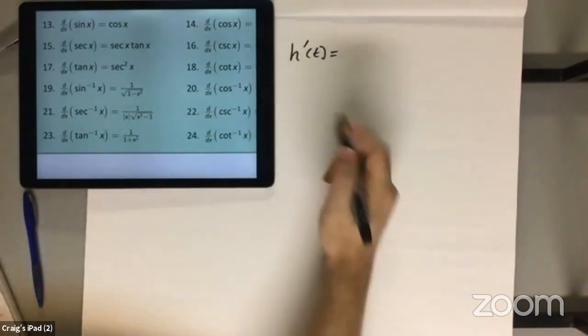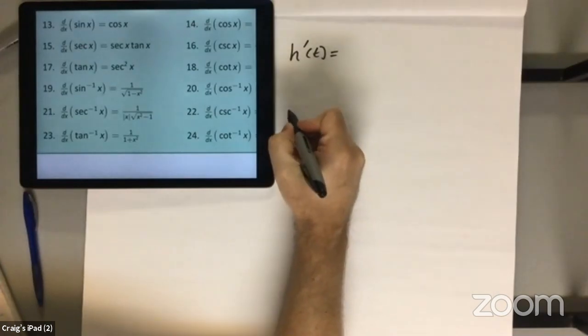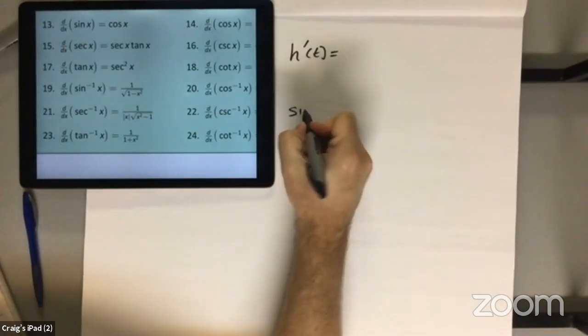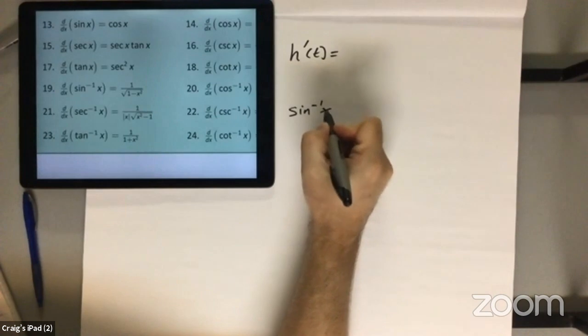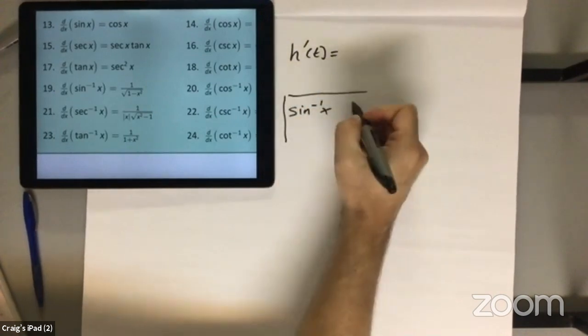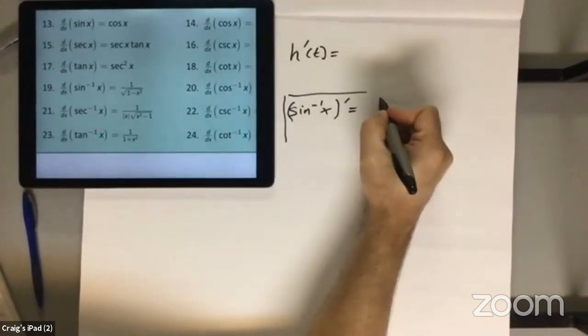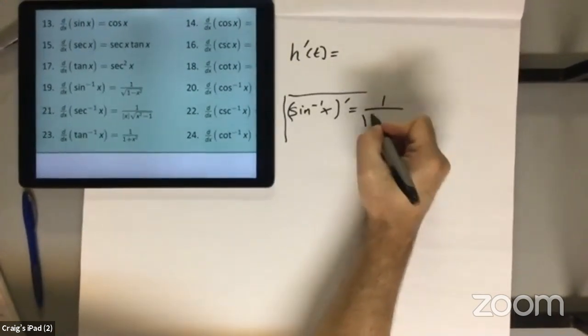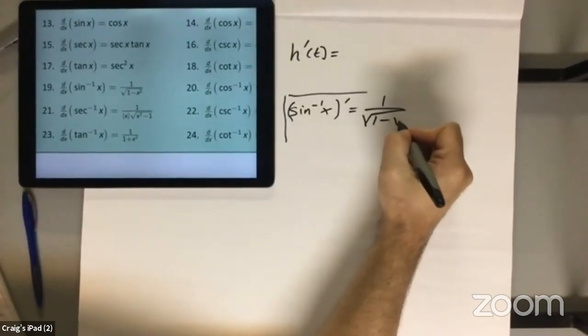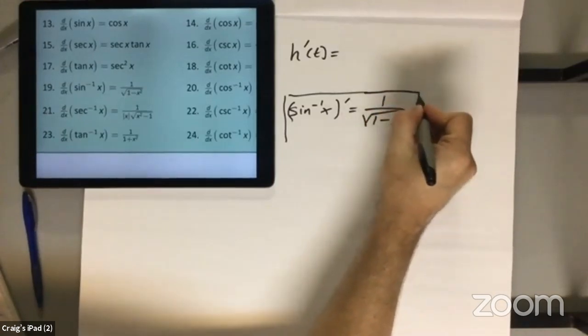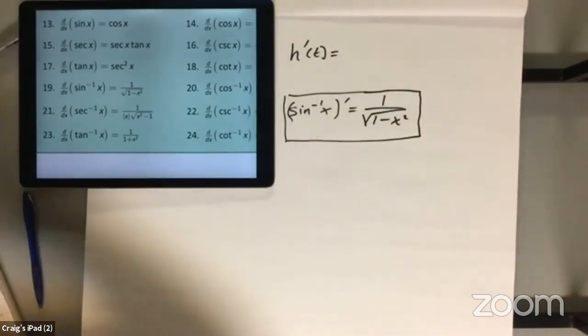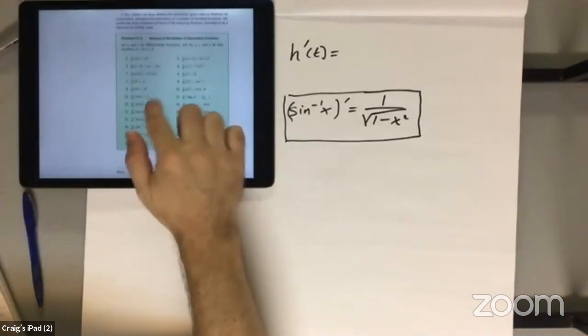So I'm going to use that formula. Inverse sine of x, if I differentiate it, is 1 divided by the square root of 1 minus x squared.